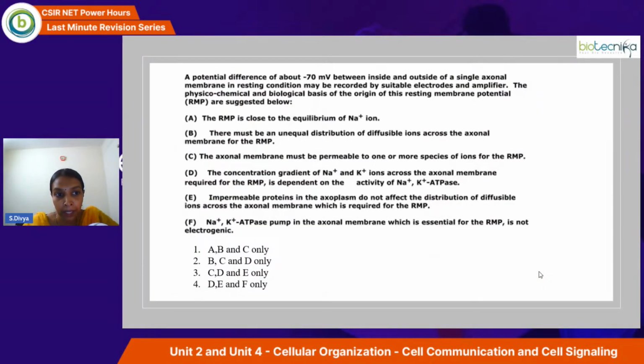Now, this is a question based upon the membrane potential. A potential difference of minus 70 mV between the inside and outside of a single axonal membrane in resting condition may be recorded by suitable electrodes and amplifiers. Here are some statements; you have to find the correct combination. RMP is close to the equilibrium potential of sodium ions. Unequal distribution of diffusible ions across the axonal membrane is required for RMP.